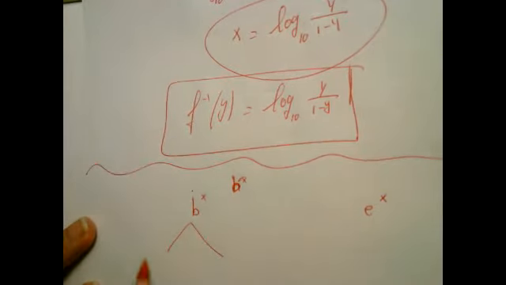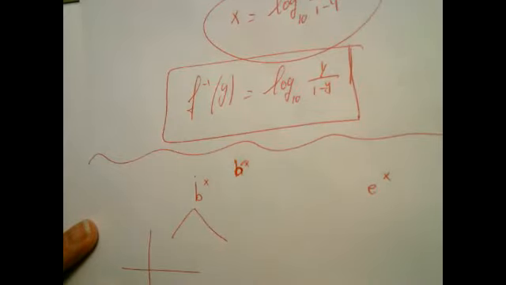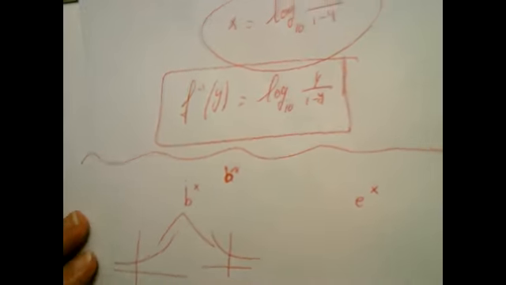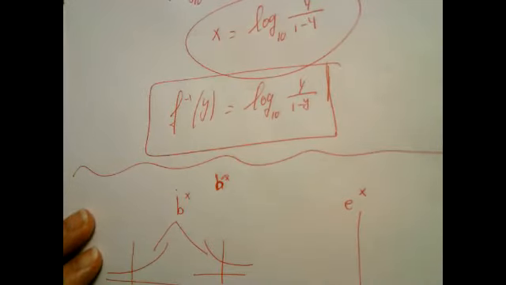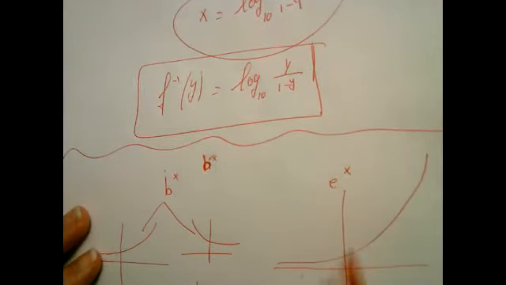So if b is bigger than 1, it was an increasing function. If it's less than 1, it was a decreasing function. E to the x is such an important function that I want you to know its behavior absolutely by heart. What characterizes it is when x takes large negative values, it becomes fairly close to 0.